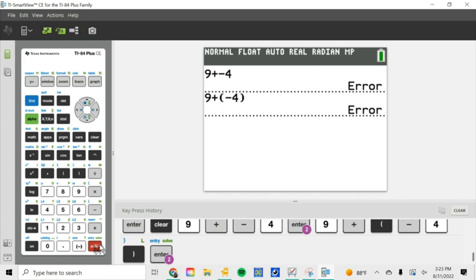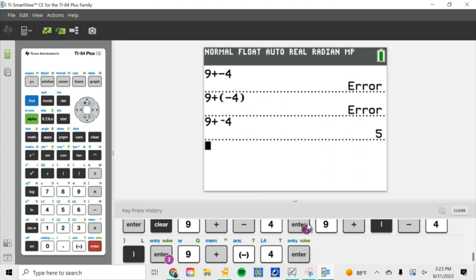Error again. What's wrong? Yes, this is the subtraction sign. You need to use the negative sign. So 9 plus -4 will give me the right answer. Cool. And you could put parentheses around that too, but it's not necessary.